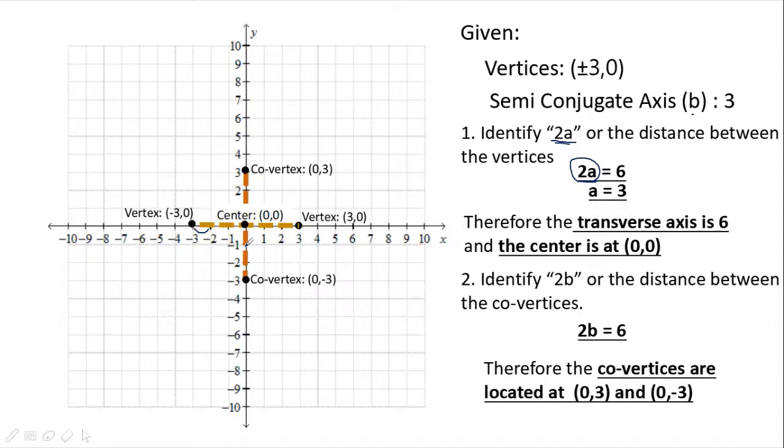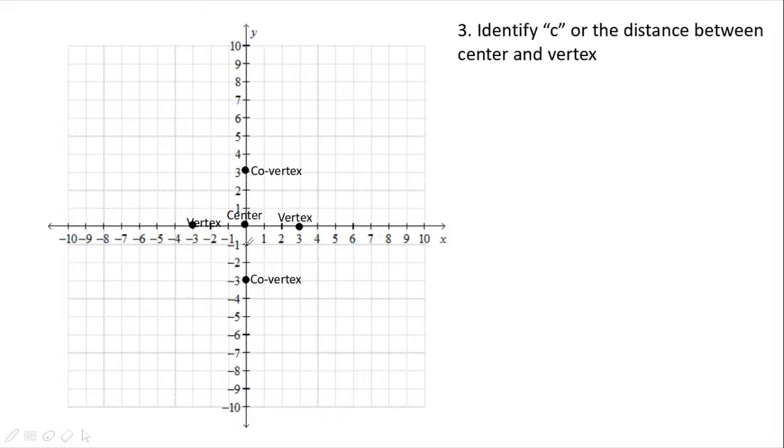Now, let's proceed to number 3, where we need to identify the value of c. In finding the value of c, again, we will use the formula c squared equals a squared plus b squared. So we will just substitute the values of a and b that we have earlier. Our a is 3, our b is the same, 3. So 3 squared is 9. So we have 9 plus 9, which is 18.